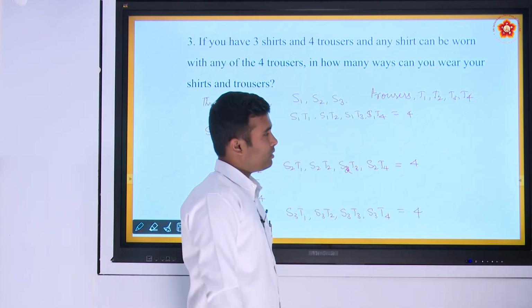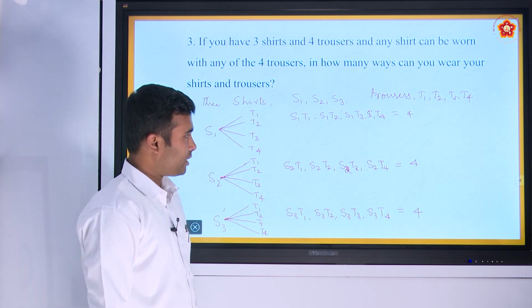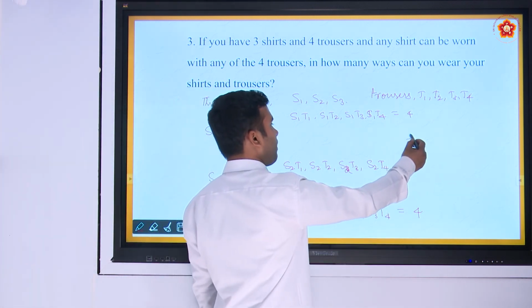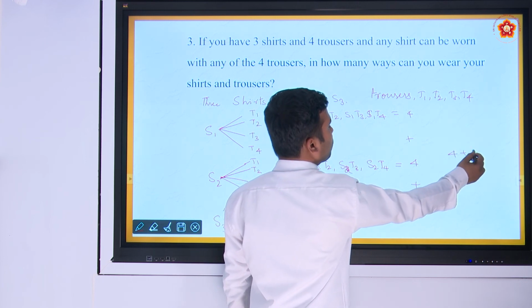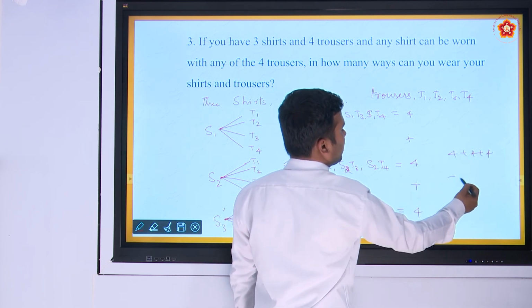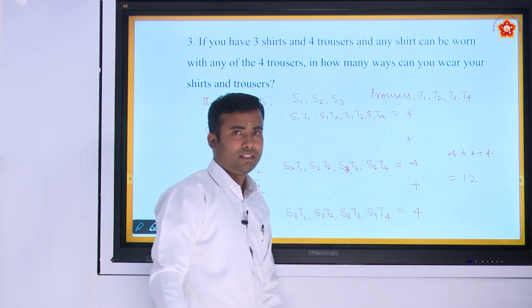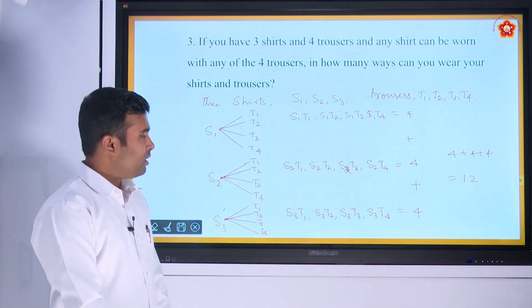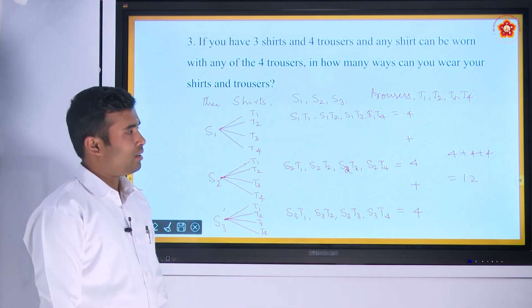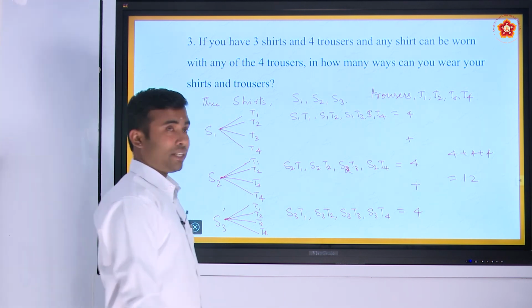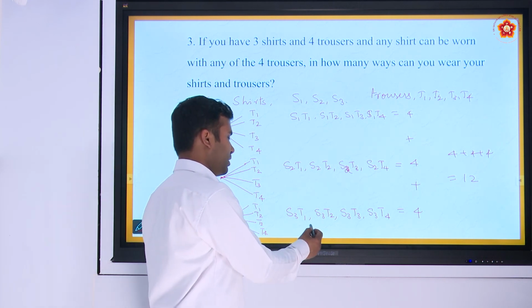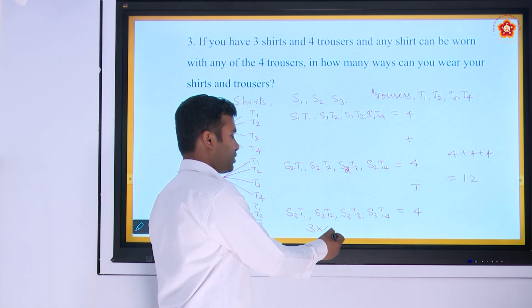In total, how many possibilities are there? 4 plus 4 plus 4, so how much? There are 12. This is the basic counting principle. So when you use the fundamental principle of counting, directly you can write there are 3 shirts and 4 trousers.